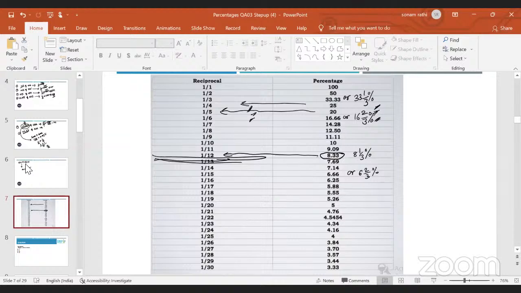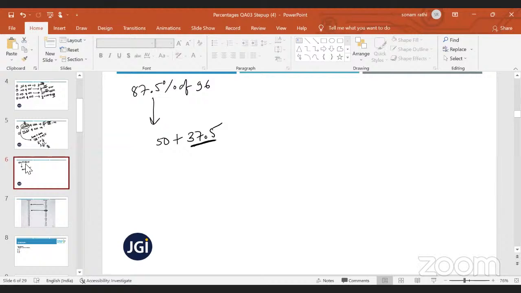So can I write 37.5 as 25 plus 12.5? So 1 by 2 plus 1 by 4 plus 12.5.